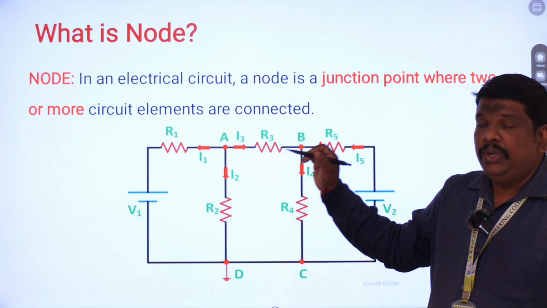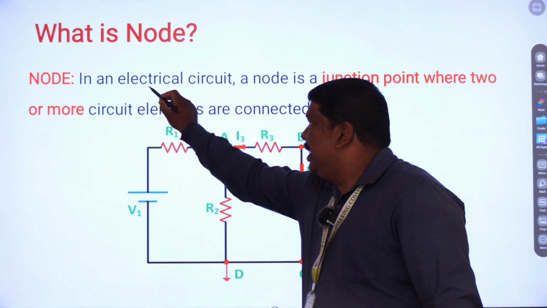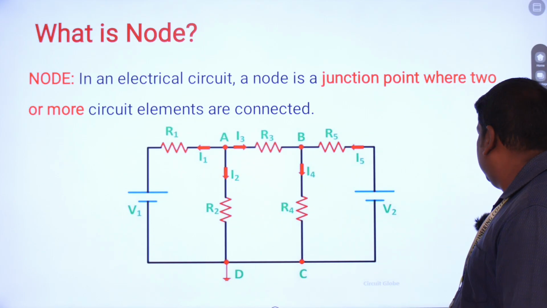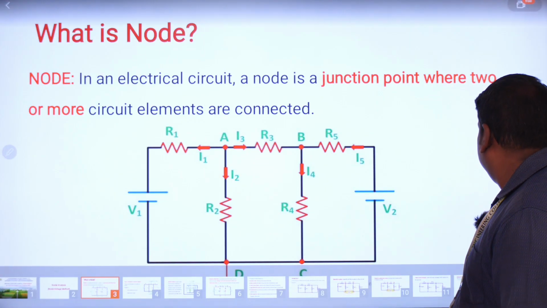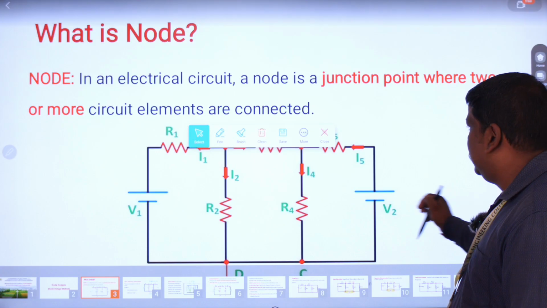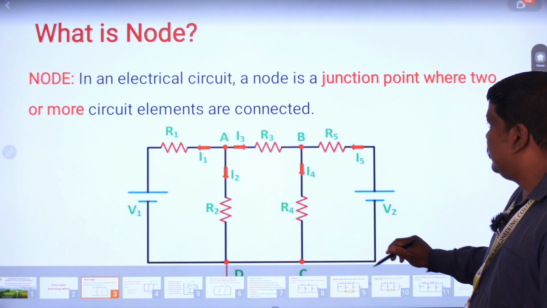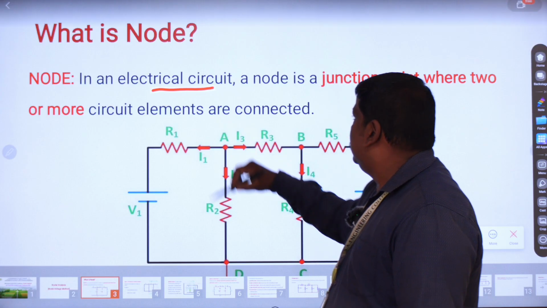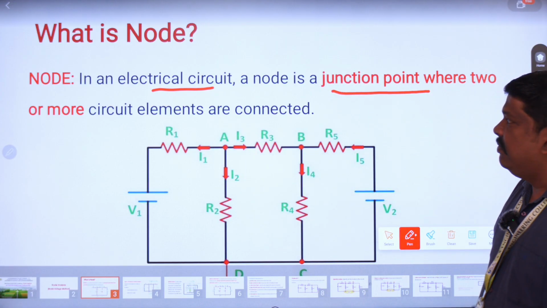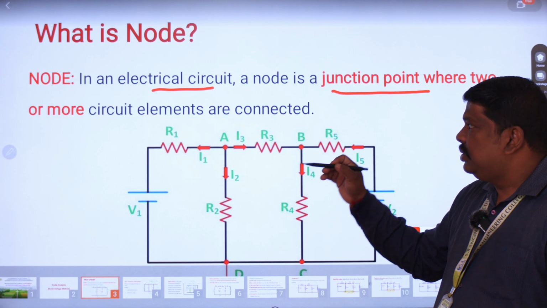And what is the meaning of a node? A node in your electrical circuit is a junction point where two or more elements are connected together.